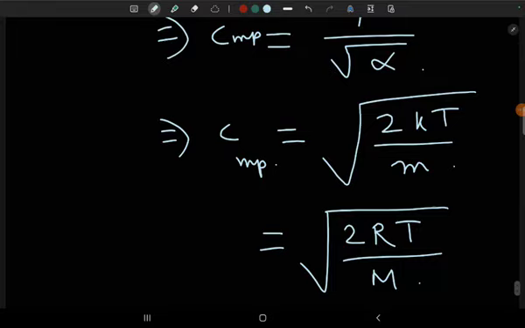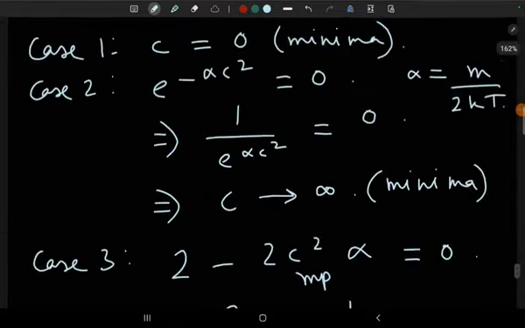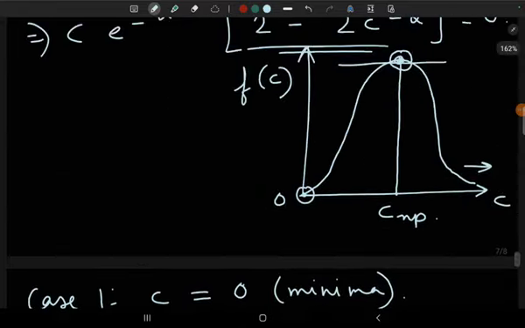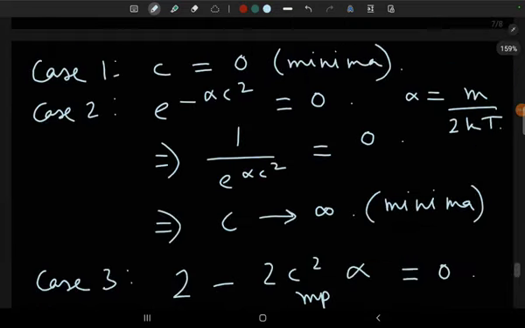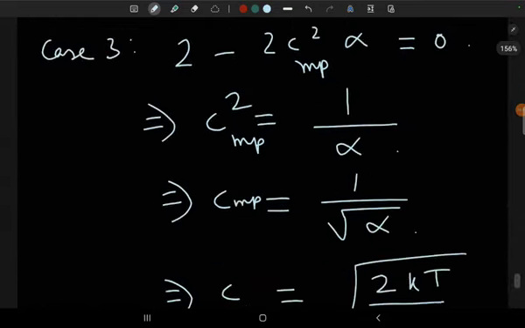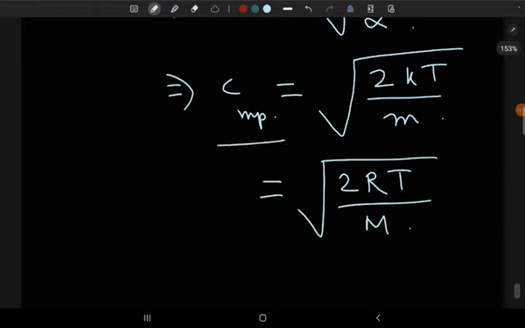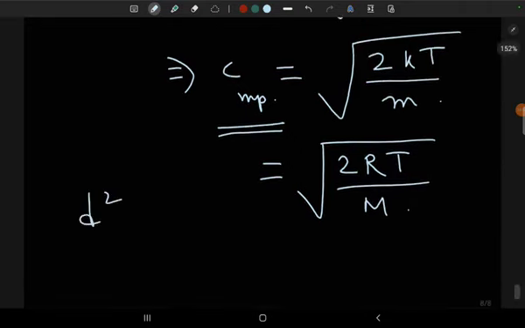And for this we can say that this is actually a maxima from the graph. We can also go ahead and perform the second derivative, put the value of this c in the second derivative and apply the second derivative test. We will see that the second derivative will definitely be less than 0.